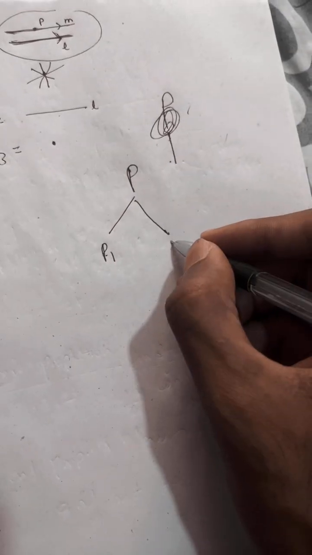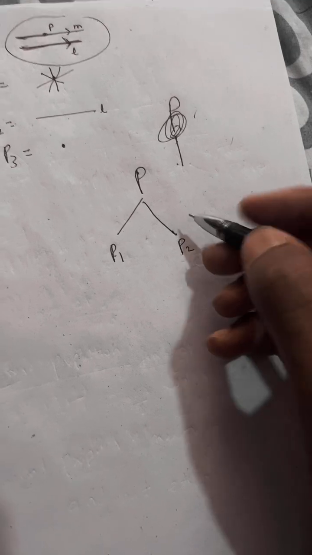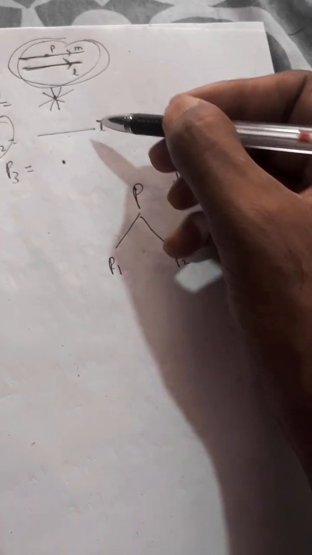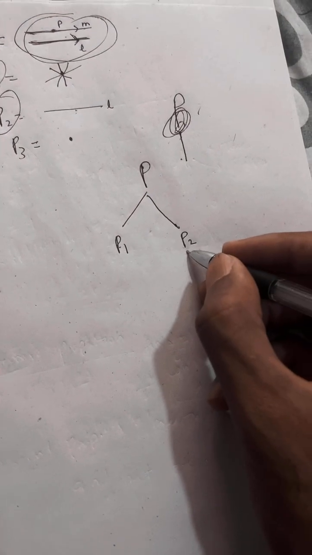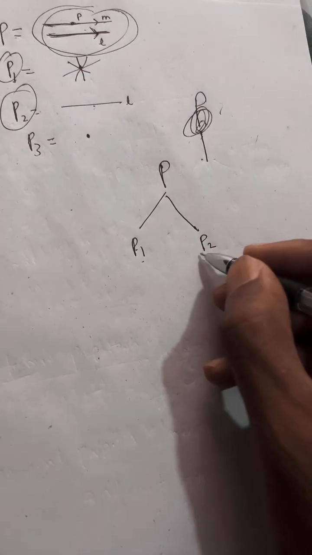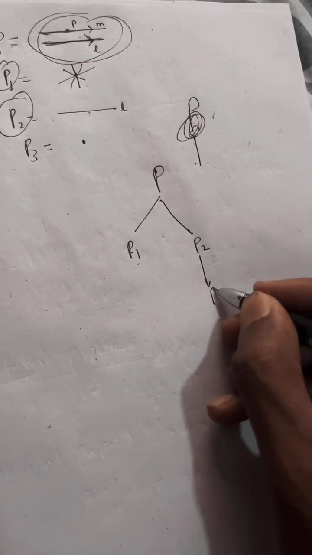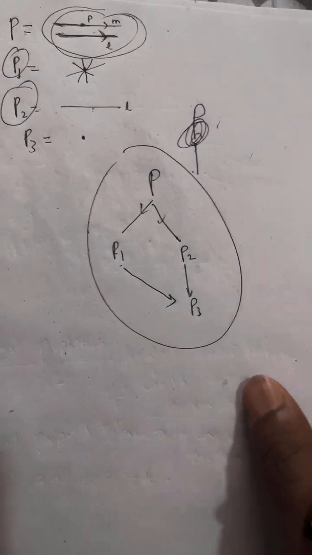And then there is a concept of line, which is P2, because this is dependent on this and this; without this and this you cannot form this. And this P2 is dependent on, let's say, P3, and P1 is also dependent on P3. So this is how we backtrack, the process. See, this is backtracking, right?